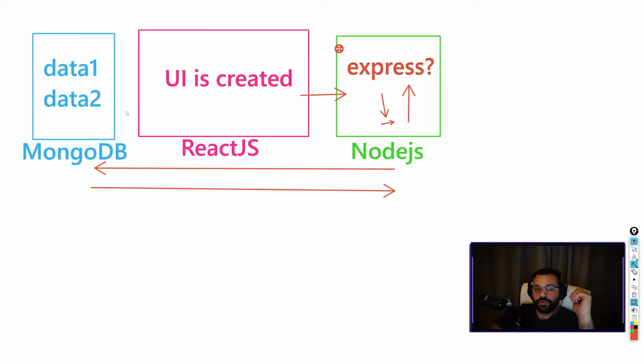Let's take a simple example. Let's say we have a note-taking application. Your notes are stored over here, right? And what sends and receives these notes is this right here. And what displays the notes is this right here. That's a typical flow.